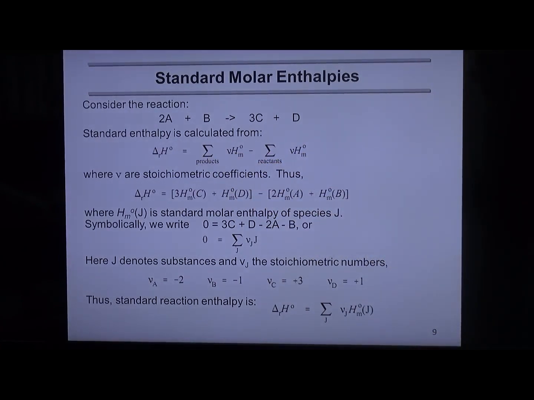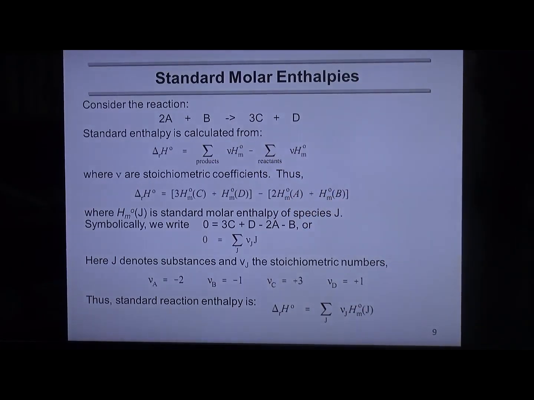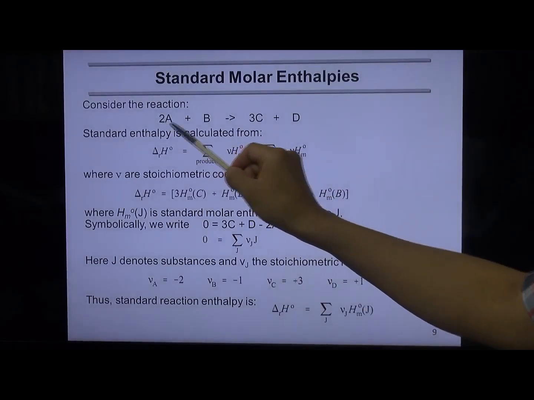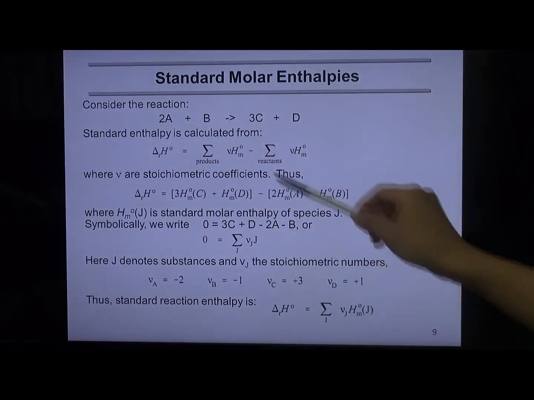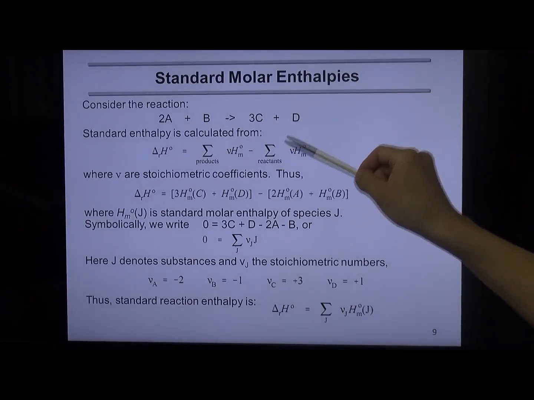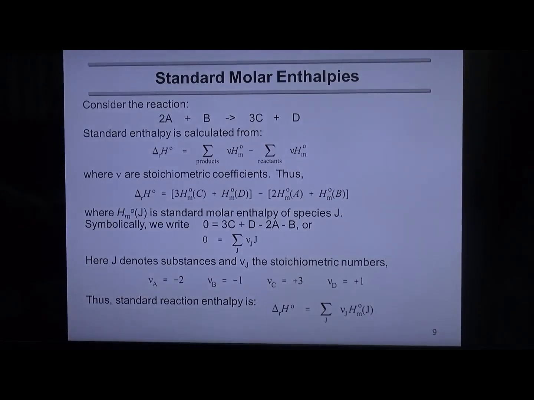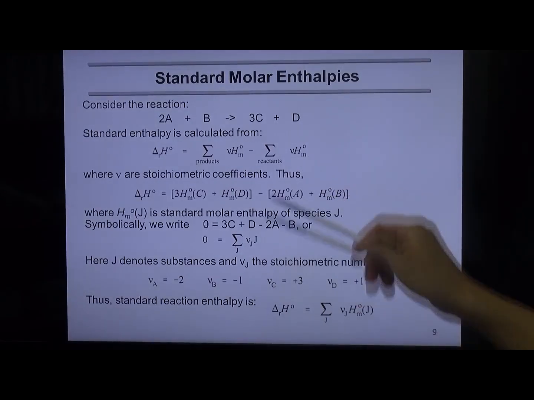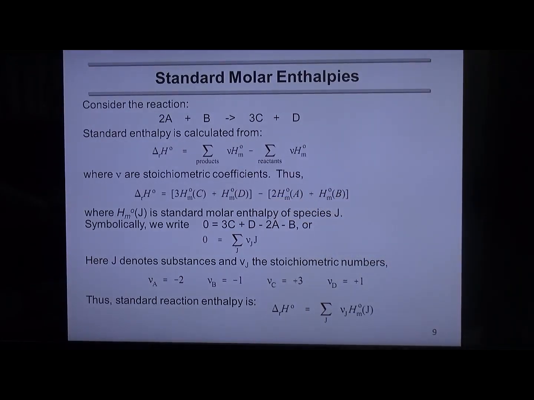Here, this constant nu represents the stoichiometric coefficient, such as 2, 1, 3, and 1. So we simply sum up the enthalpy of products and subtract the sum of the standard enthalpy of reactants, like this. It's easy.